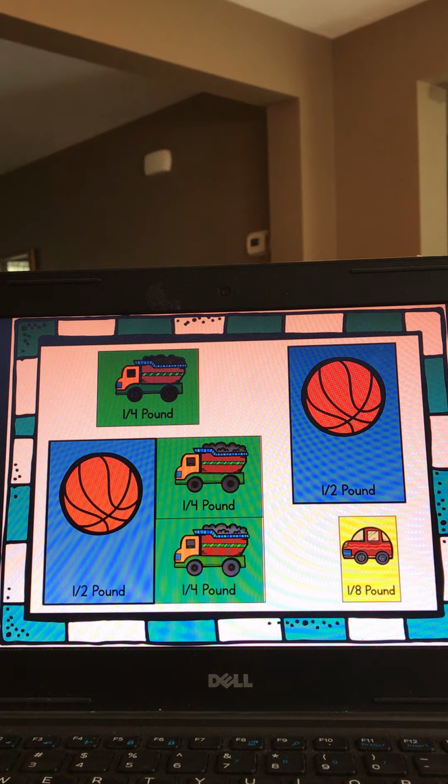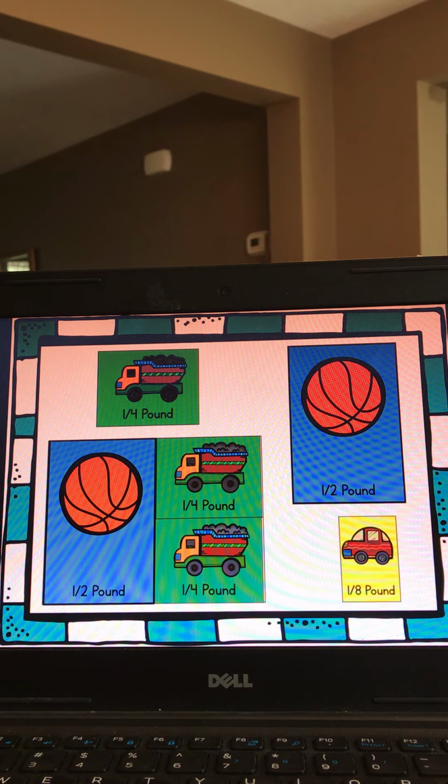I could give away a second one, and that covers up another 2 of the 8 blocks. And if you look at the picture, you can see that the basketball is 1/2 pound, and the 2 dump trucks is another 1/2 pound, which equals 1 whole.